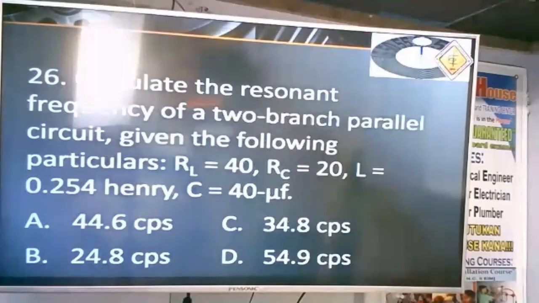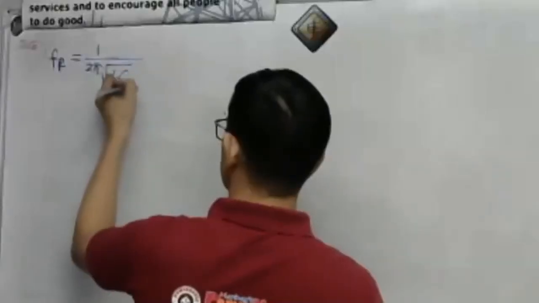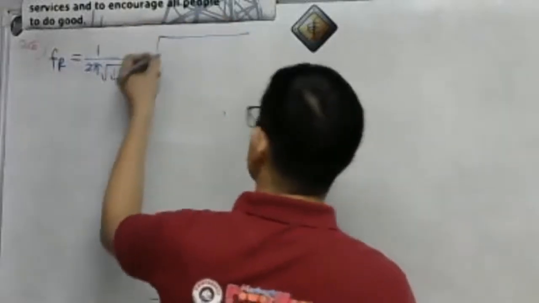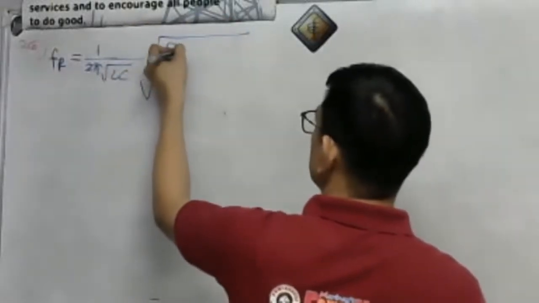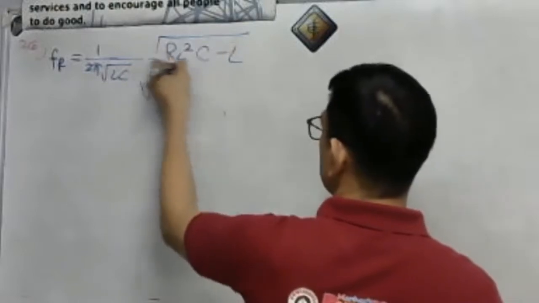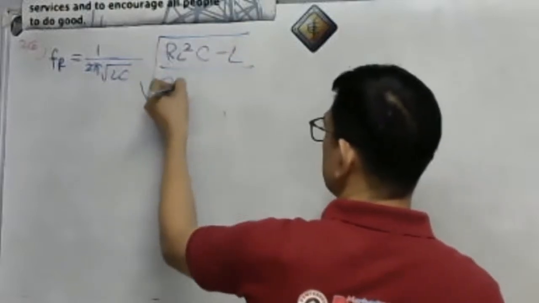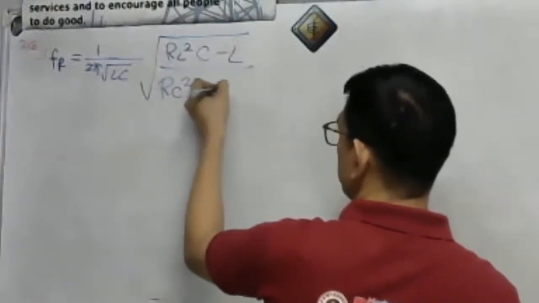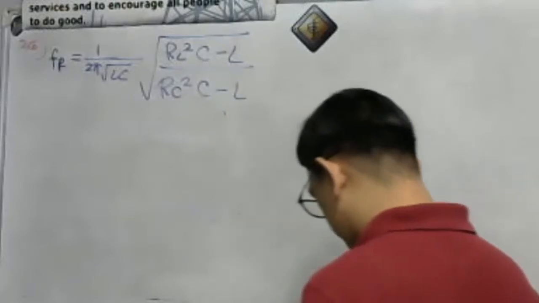The resonant frequency is 1 over 2 pi square root of LC. Then, square root of RL squared C minus L over RC squared C minus L. So, that will be our formula.